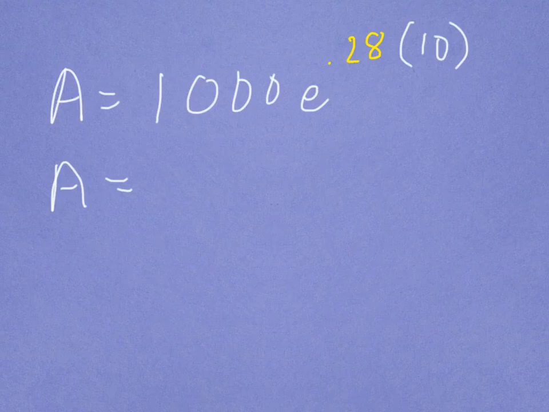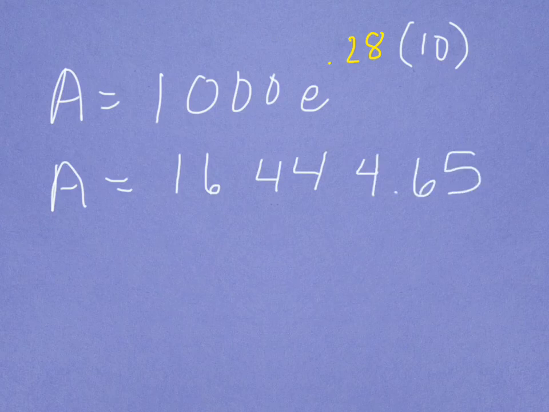It's compounding continuously, that's why we're using E, at a rate of 28% for 10 years. This is going to give us 16,444.65, so let's round that off to 16,444 bacteria that will have developed in those 10 years' time. So we went from 1,000 to 16,000 over a 10-year period of time.